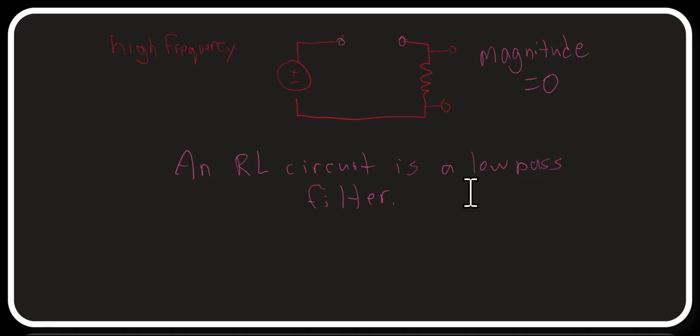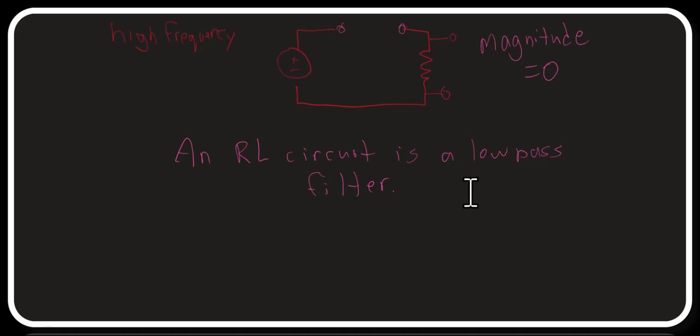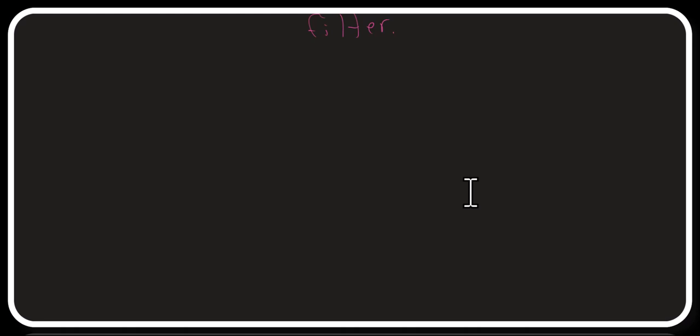Okay, so now let's talk about what we mean by the cutoff frequency. If it has some frequency that we're saying is where it cuts off, what is that frequency? So our cutoff frequency.